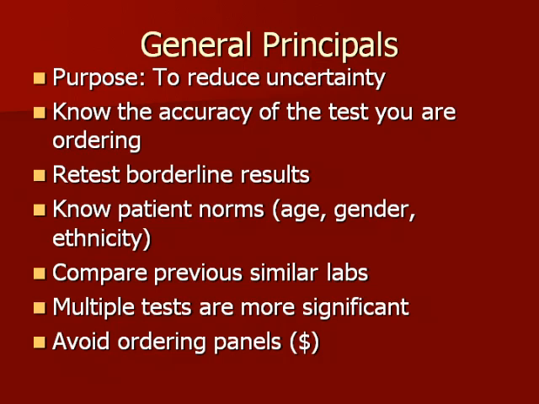General principle, know the accuracy of the test you're ordering. You always retest borderline results. Recognize that when you do serum, you're assuming that the blood in the vein is equivalent, or the values are equivalent to the values in the cell. That's not always true.